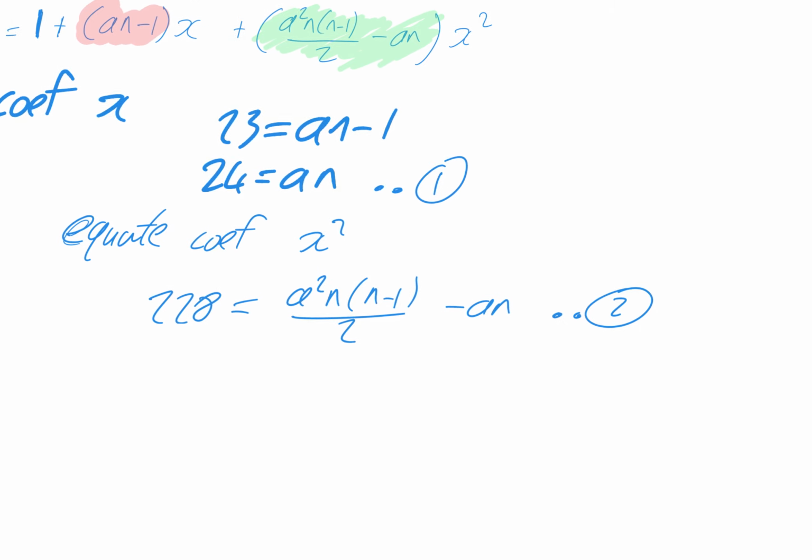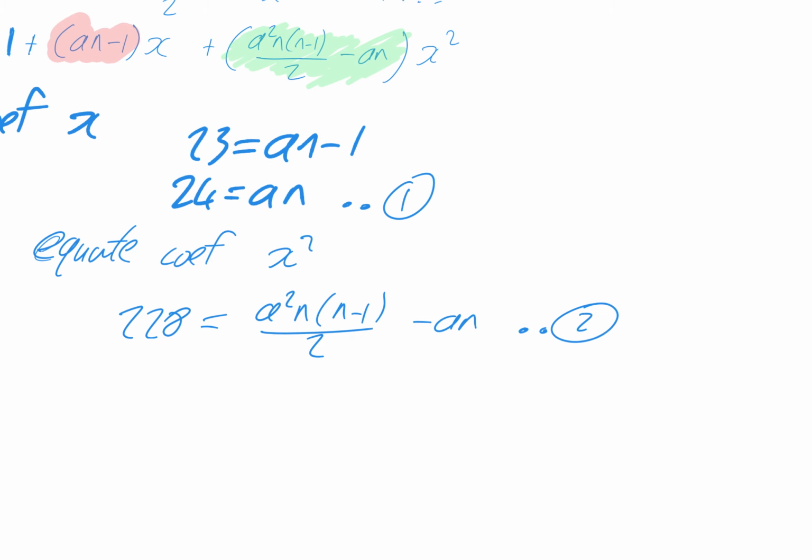First of all, I can see that an is equivalent to 24, so I could write that as 24. That would make life a heck of a lot easier. So 228 is equal to a squared n upon n minus 1 all over 2 minus 24.